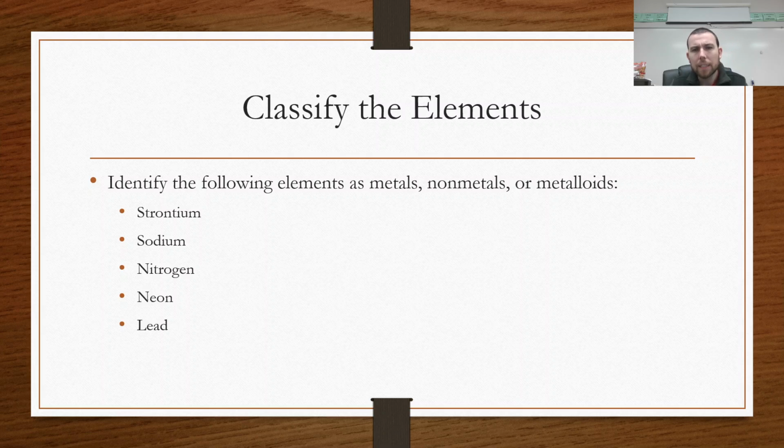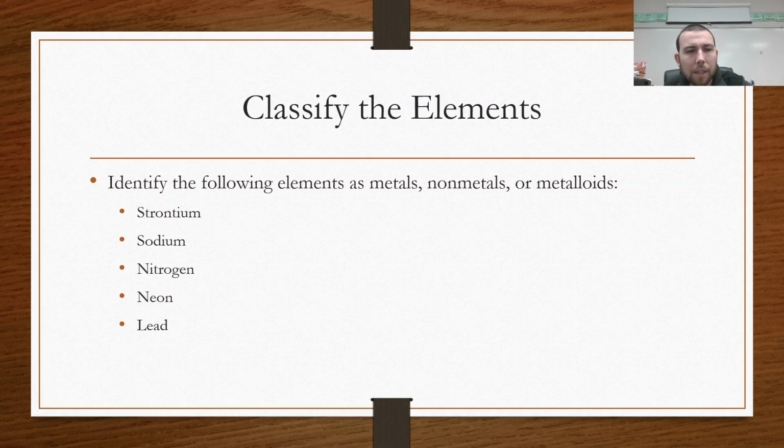Okay? So how about you pause the video, identify which of those elements are metals, nonmetals, and metalloids, and then after you've tried that, hit play on the video, and you should see me give an explanation of how I came up with my answers.